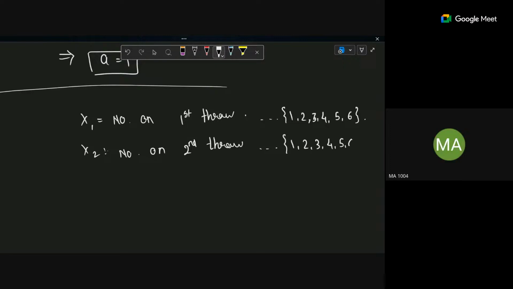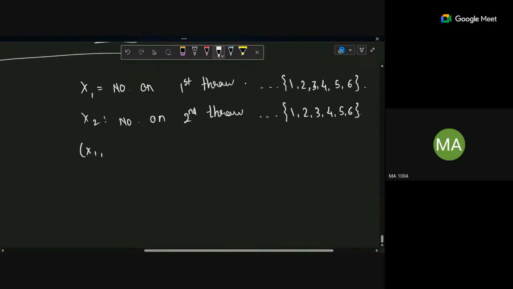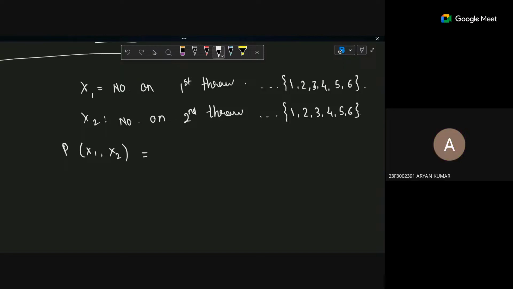So if I consider the pair X1 and X2, now I am throwing 2 dice. What will be the probability that X1, X2 is taking some value? 1 by 36, 1 by 6 into 1 by 6, for all X1 and X2, right?